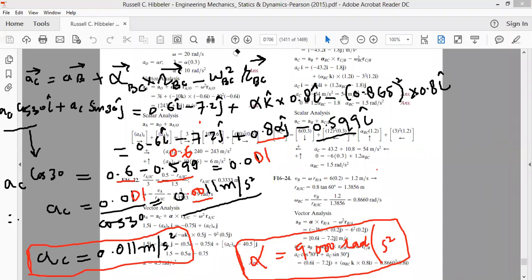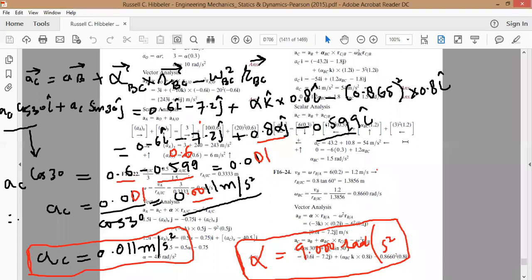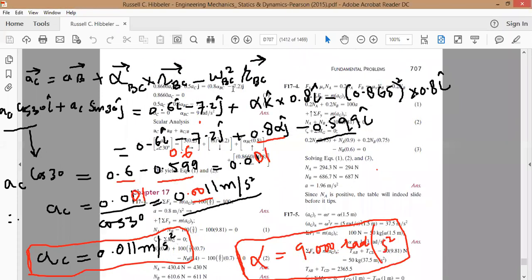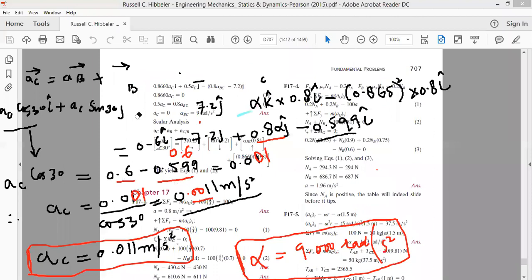The value of alpha is on the next page. Let's see the value of alpha and check our values.